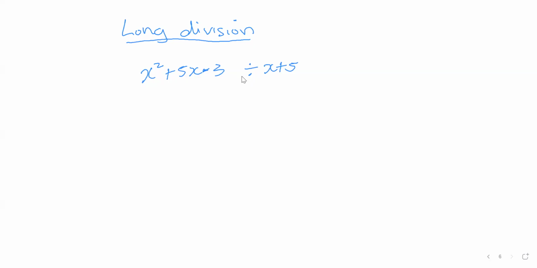So long division takes the form: dividend divided by divisor is equal to quotient plus remainder over divisor.